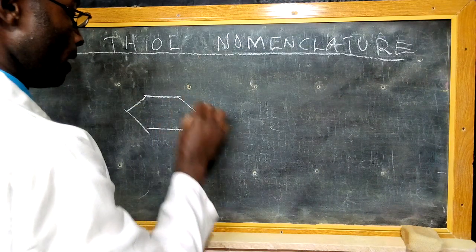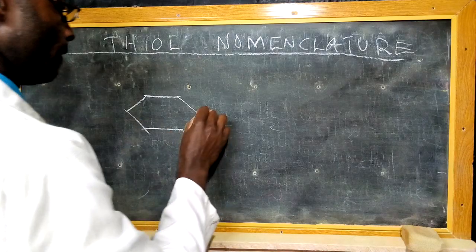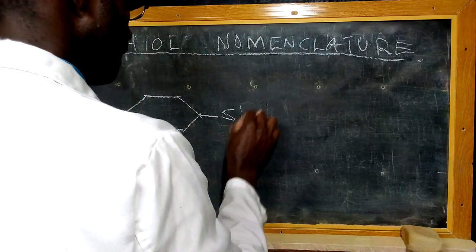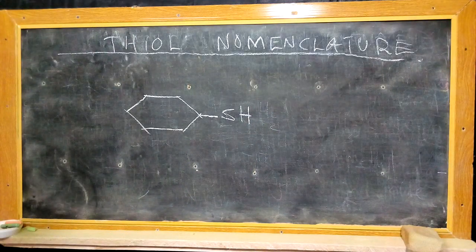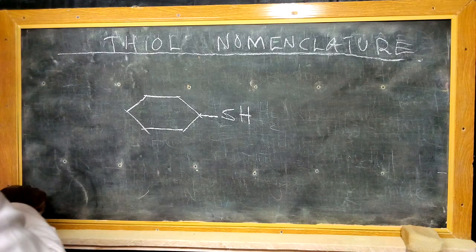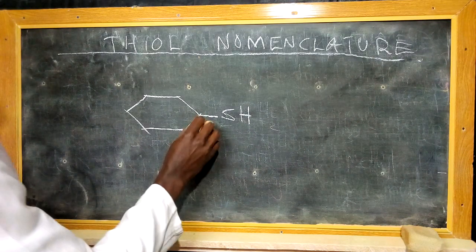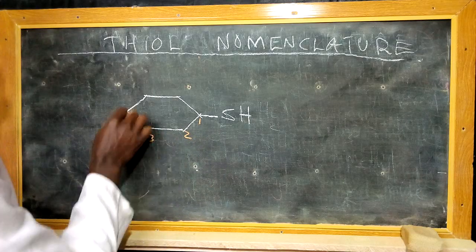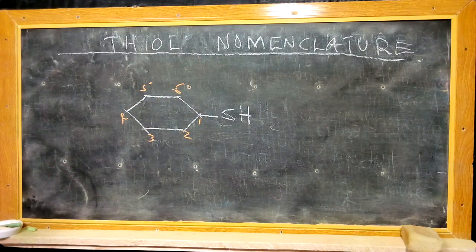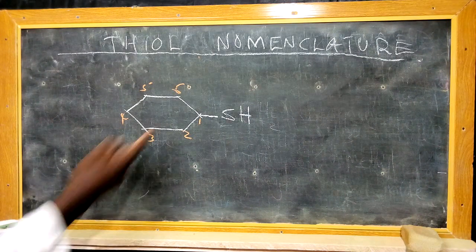So we have this member of the thiol family that contains a ring, and that's a functional group at that point. So we see that this particular member has got 6 carbon atoms in the ring: 1, 2, 3, 4, 5, 6.